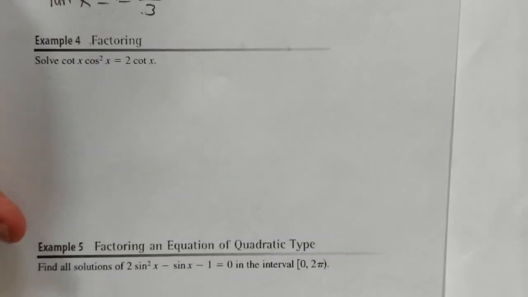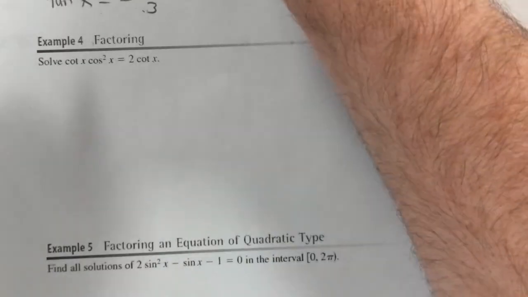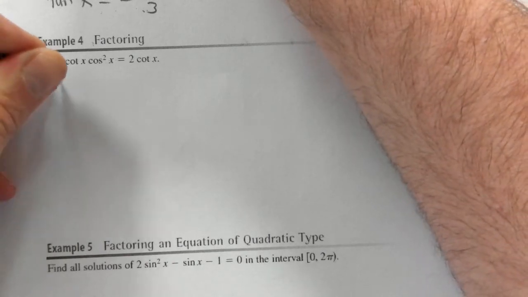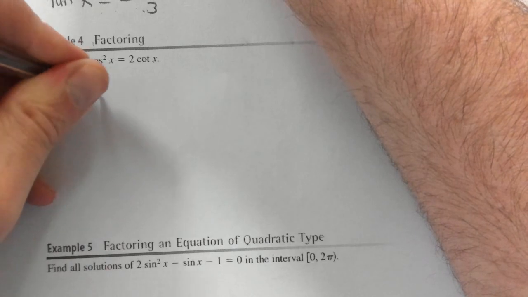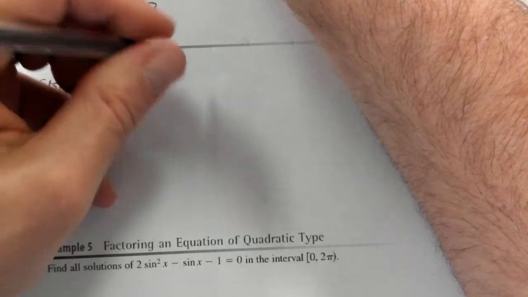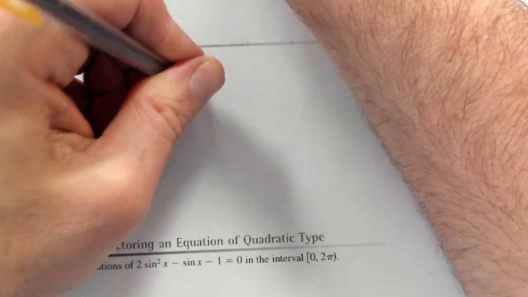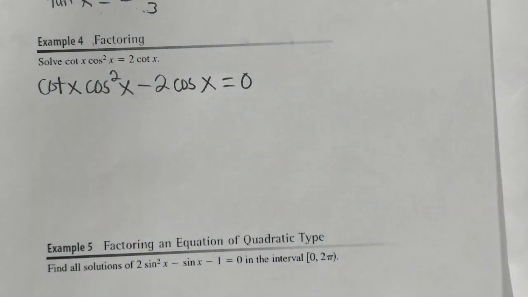So I'll move that 2 cotangent of x over to the other side and we'll get cotangent of x times the cosine squared of x minus 2 cotangent of x equals 0. That's my first step: get all the trig functions onto one side, set it equal to 0.